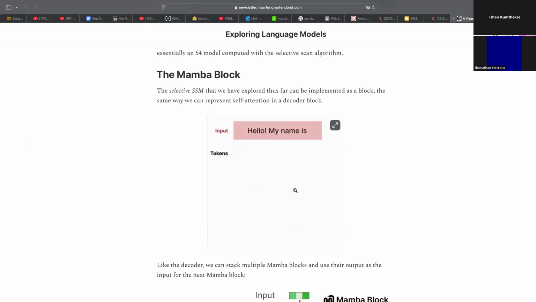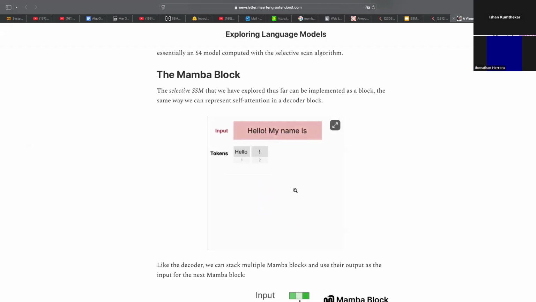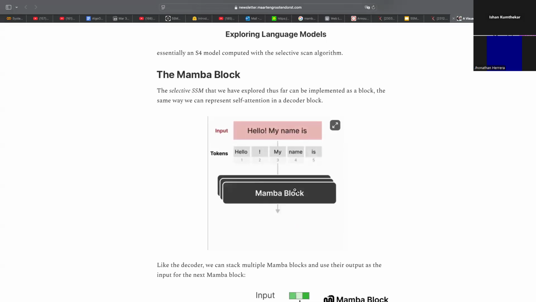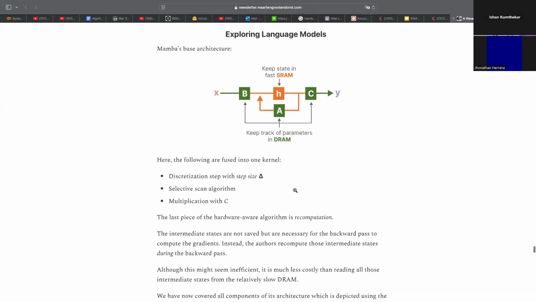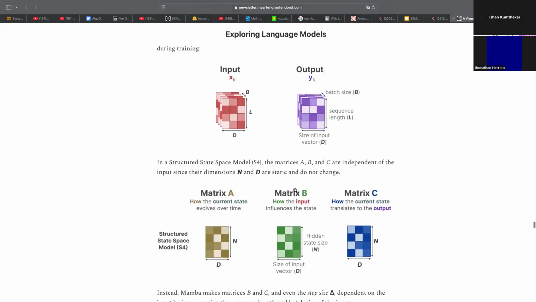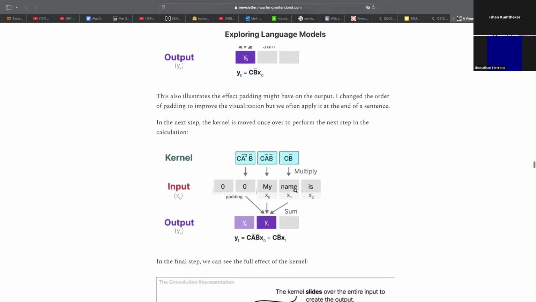Two questions. Is the kernel function linear, and is the Mamba block constant time complexity? Yeah, the kernel. Wait, what was the first question? Is it a linear function? Yeah, it is. For example, if you've ever done LeetCode, you want to examine an n by n matrix.